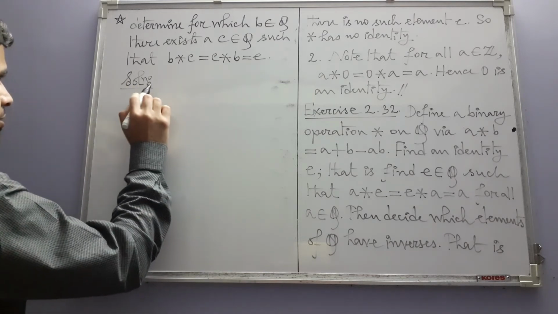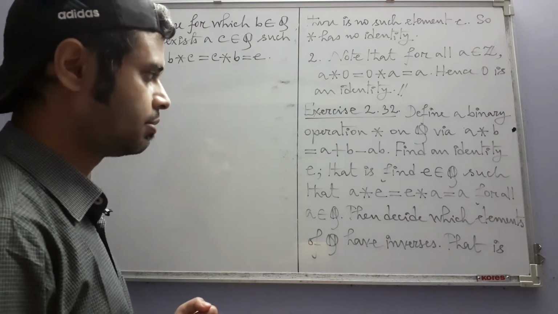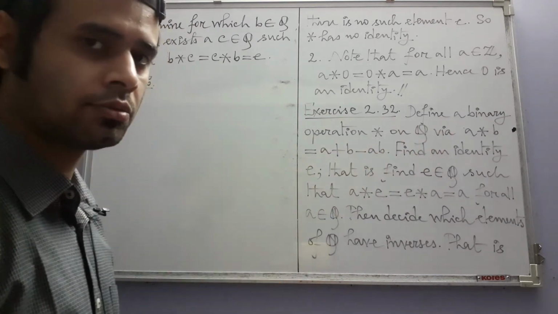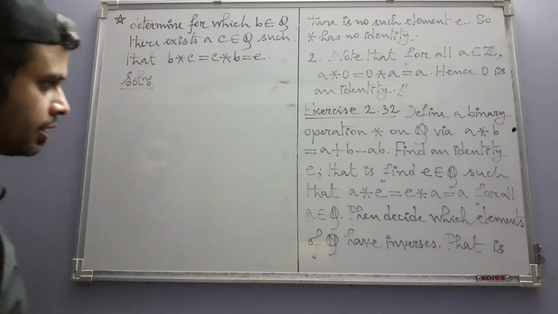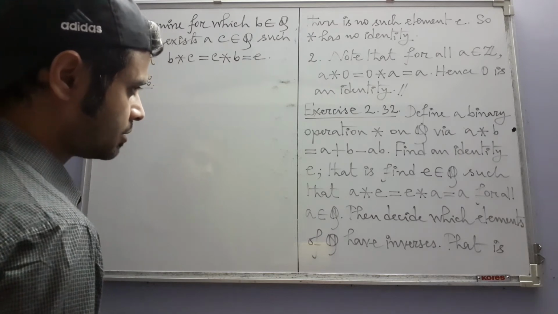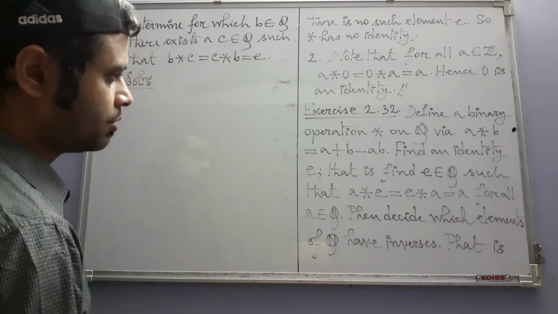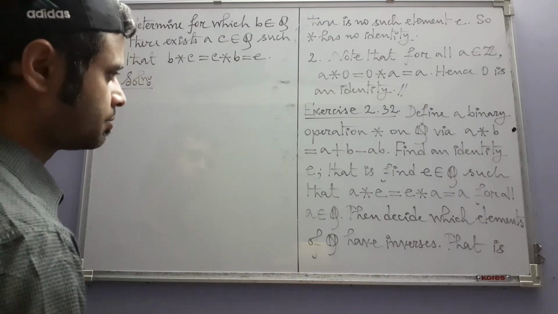So let us first see what our set is. The set is the set of rational numbers, and this is our binary operation. Now we are in search of an identity, and that identity would be just like before, 0.